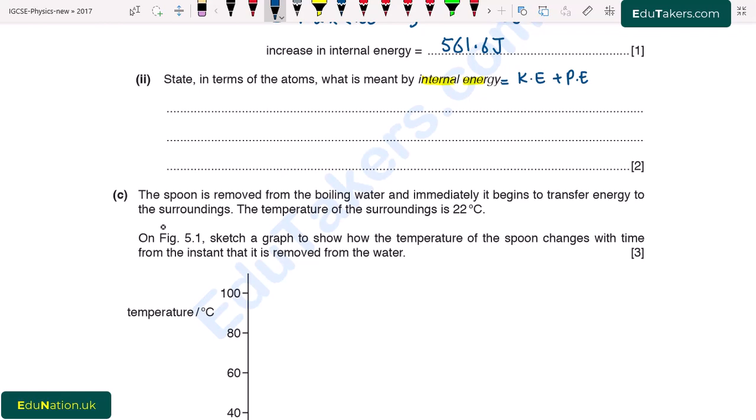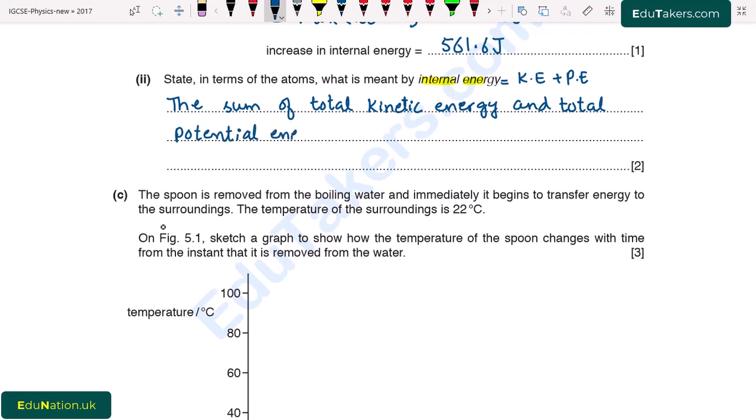I write here: the sum of total kinetic energy and total potential energy of all molecules of a substance.